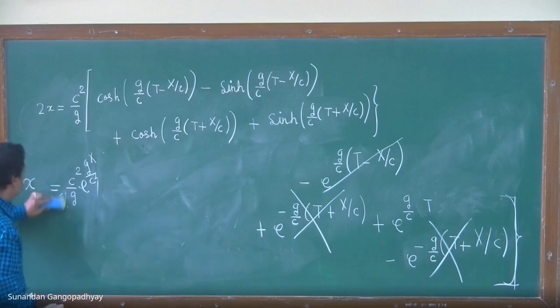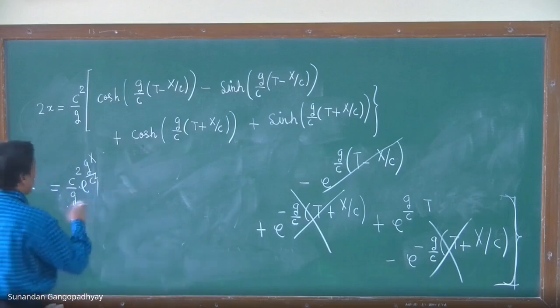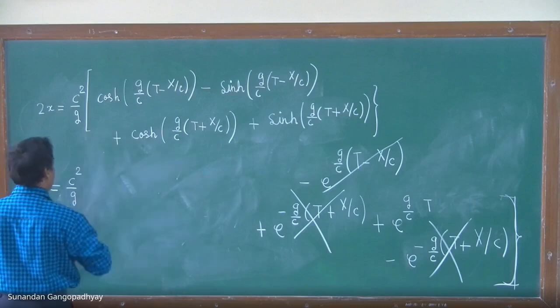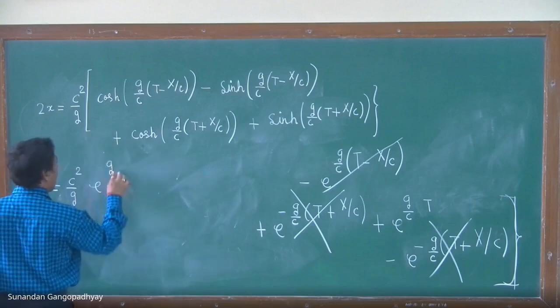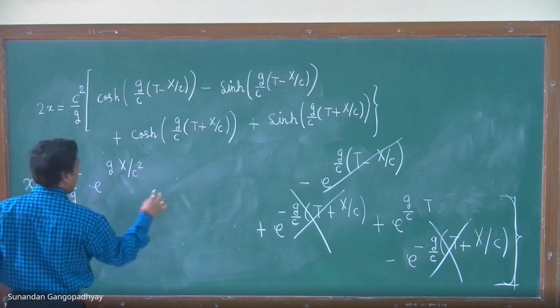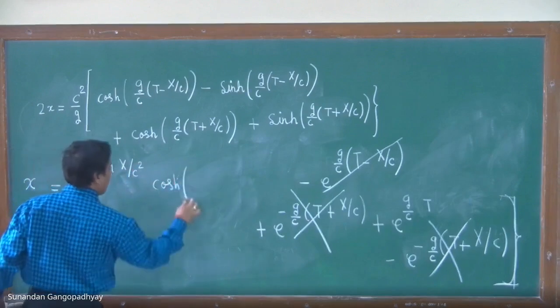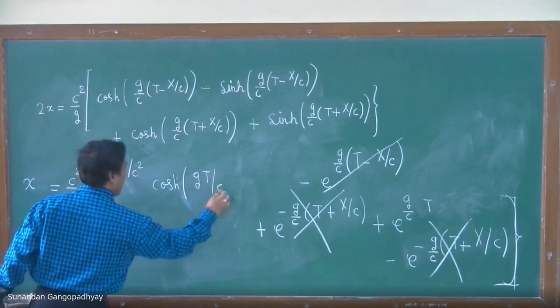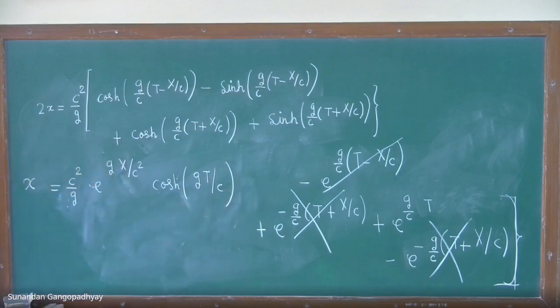So twice, 2 gets cancelled. What we have is the following: e to the power of gx by c square. So x is this.